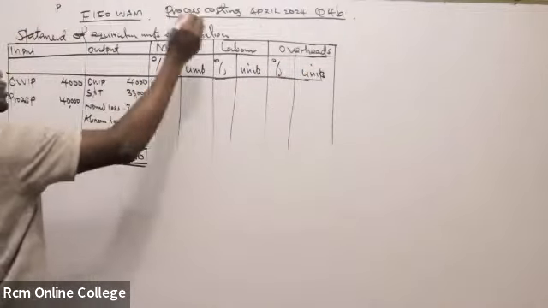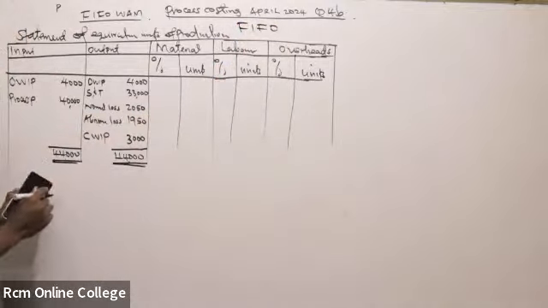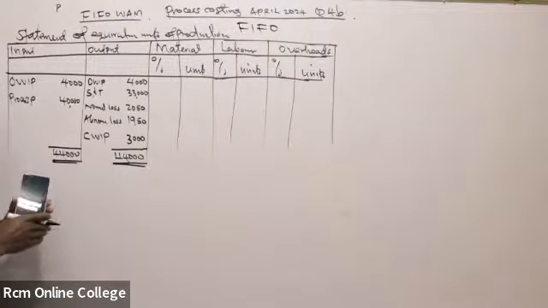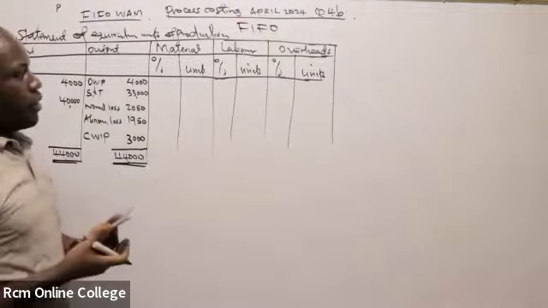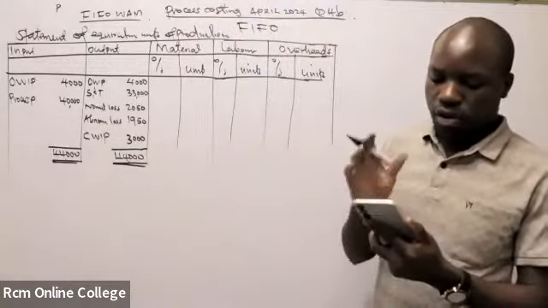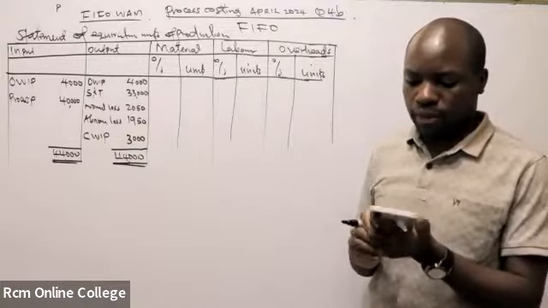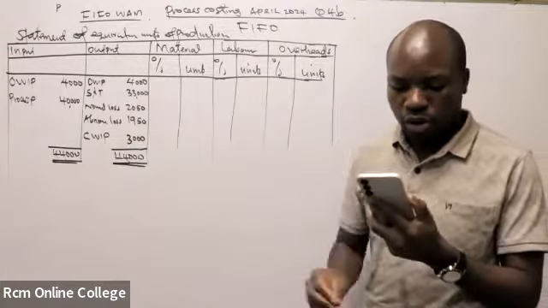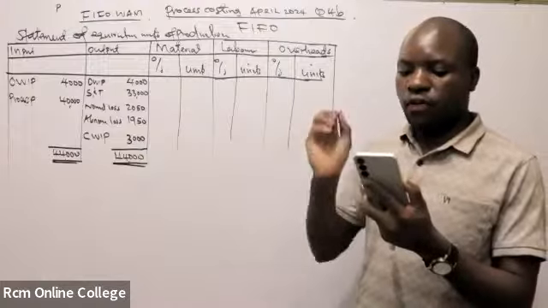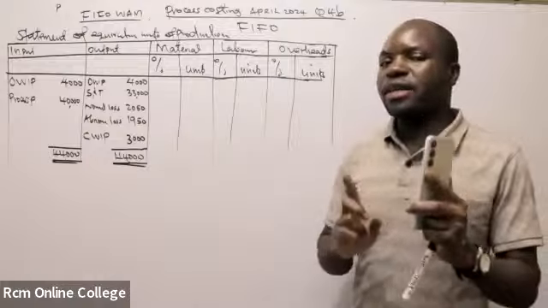What is the ruling method? First in, first out. Great. Why are we considering these percentages? If you look at our question, the first thing we are being told, information number 1, is our opening work in progress at the following degree of completion. Number 1, material was 100% complete.